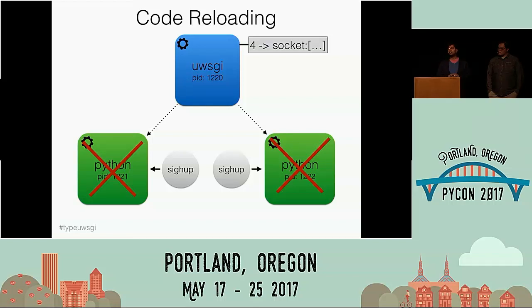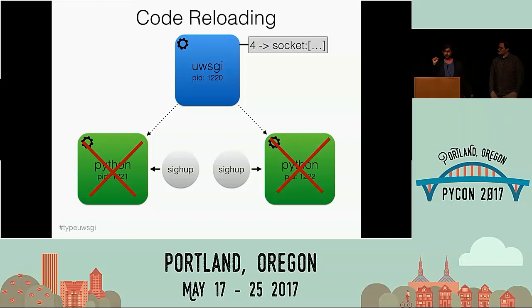Now, uWSGI has no more worker processes, and it's ready to re-execute itself. And you'll recall that the exec call that Philip talked about before keeps all of your file descriptors present. And so uWSGI basically erases its memory, and a new, fresh uWSGI process wakes up in that same process ID.